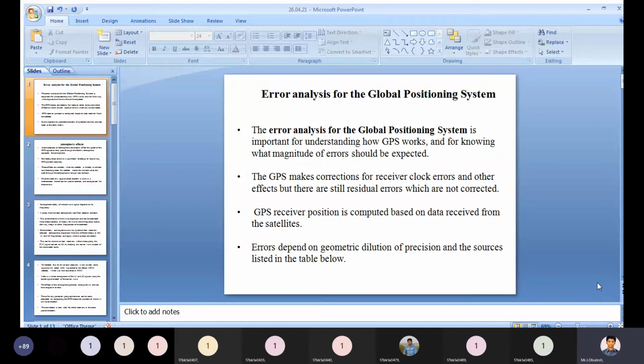Let us assume you are receiving the signal at the receiver section of a GPS. We need to see the receiver clock signal, whether the transmitter and receiver clocks differ, or both are synchronized.